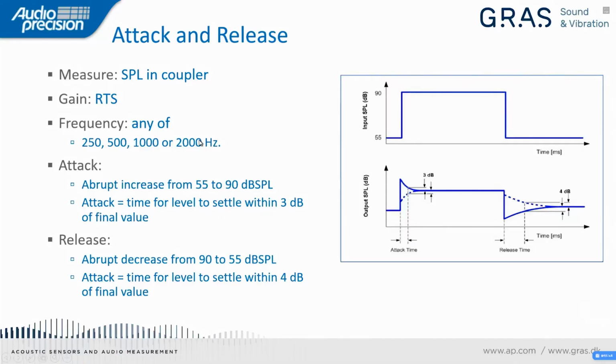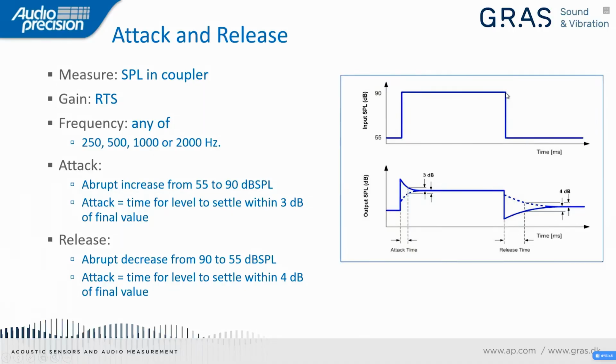We look at the output of the hearing aid, monitor the envelope of the signal, and measure the amount of time it takes the signal to settle within plus or minus 3 dB of its final level. Similarly, for the release, we step the input to the hearing aid from 90 down to 55 abruptly, and we measure the release time as the amount of time it takes for the level envelope to settle within plus or minus 4 dB of its final value.